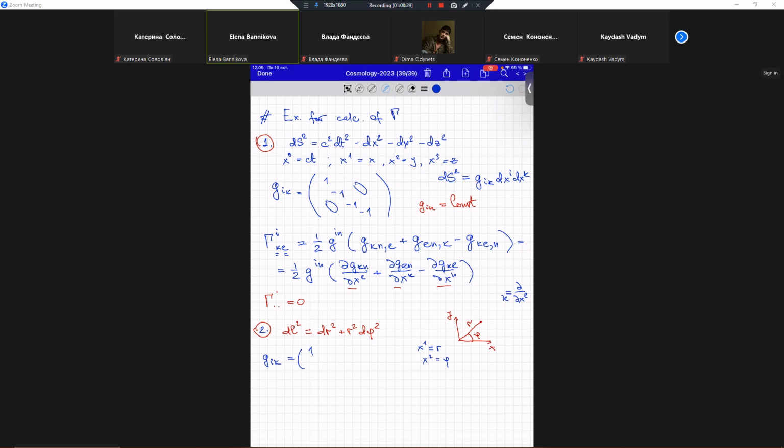Which is the component of the metric tensor? The first will be 1, and the second is 0, and the second diagonal element r. No, just r. I think r square.